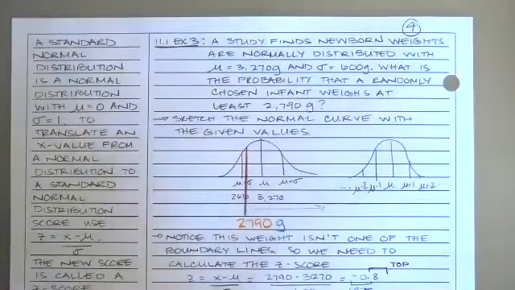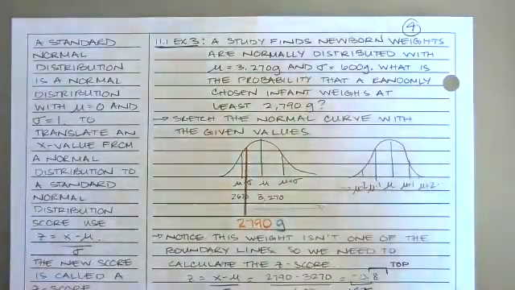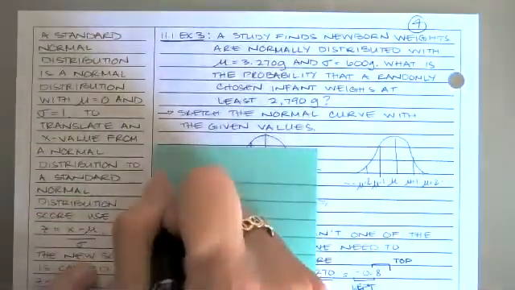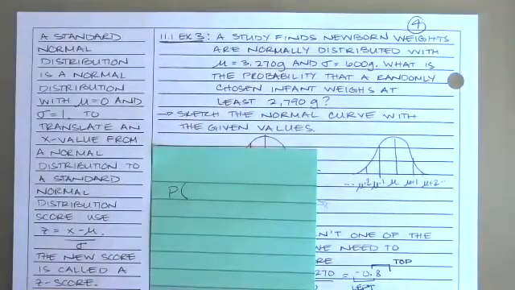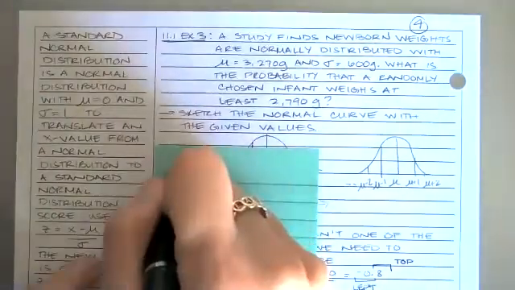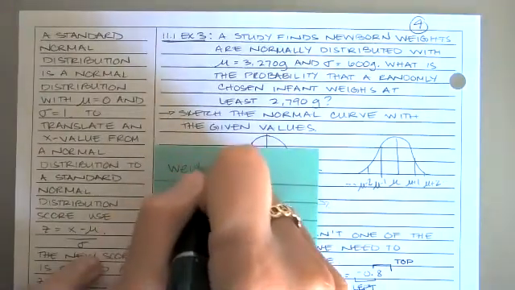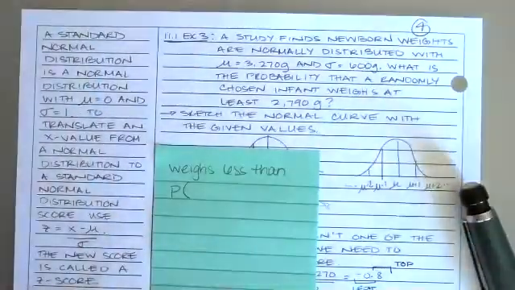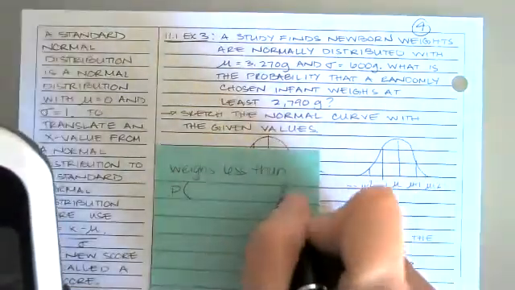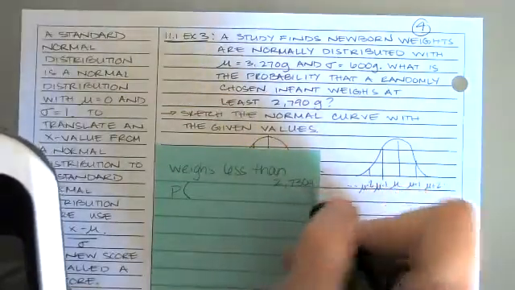Okay, so what if we use the same data, but we want to find the probability that a randomly chosen infant weighs less than, I don't know, let me make up a number, 2,730 grams.